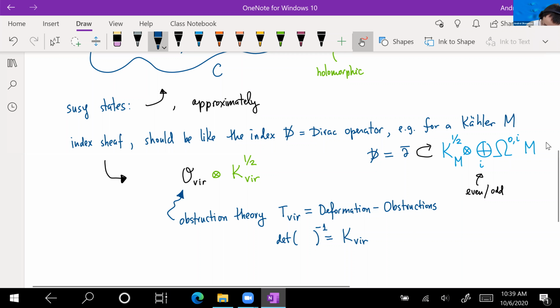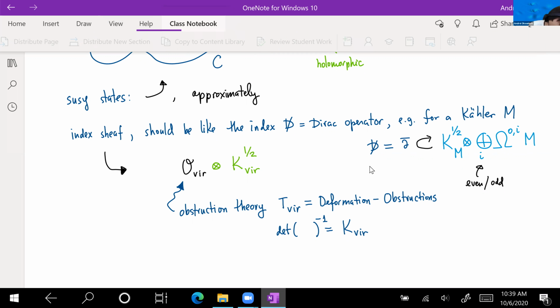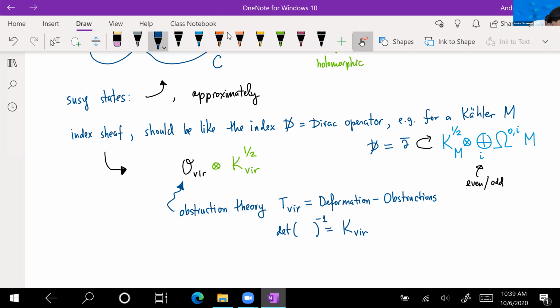So formally, if we want to compare to a Kähler manifold, then the deformations should be compared with the tangent bundle of M. And the obstructions, well, they should be more formal.